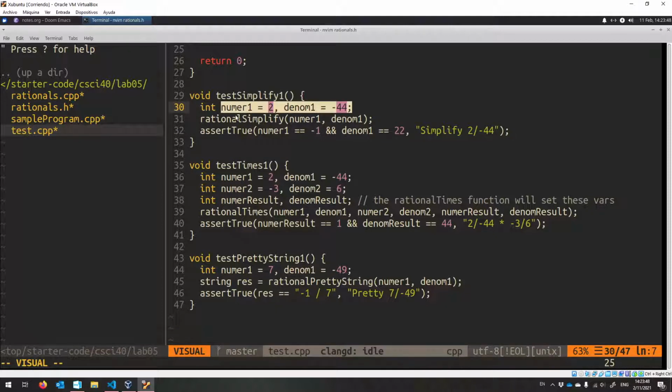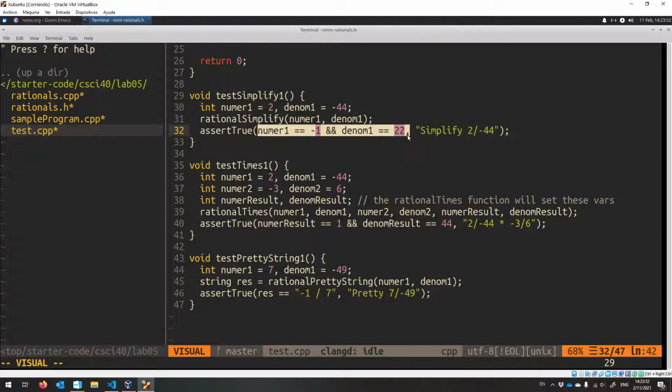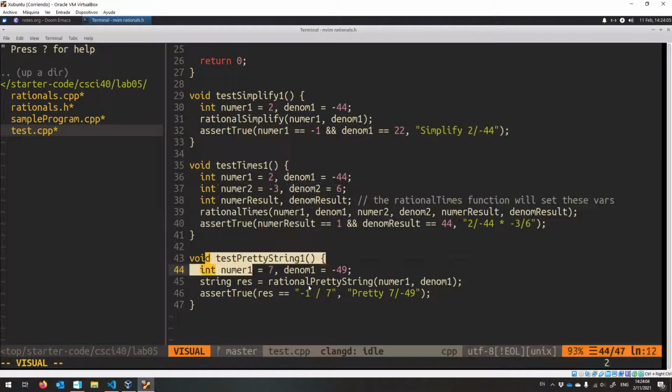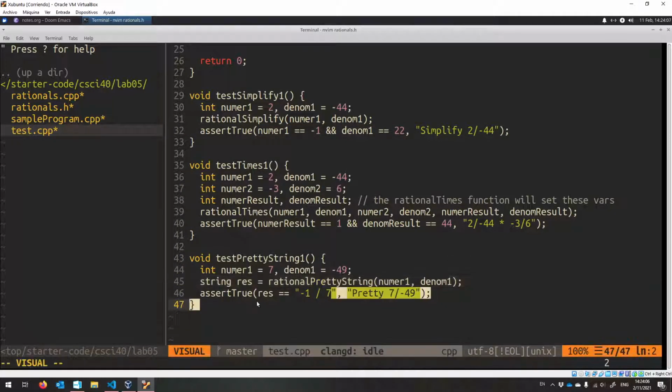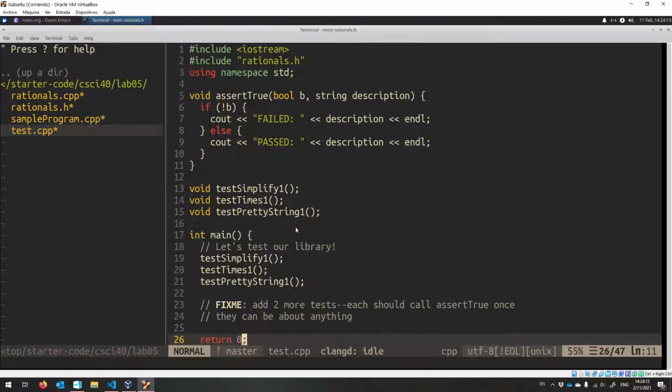So that is what simplify should have done to this fraction, and we want to make sure that this is a true statement, that we get back the right things. Same for test times and test pretty string. Hopefully you can see what it's doing. It's testing to make sure that all of these things are correct. So all of those are your tests.